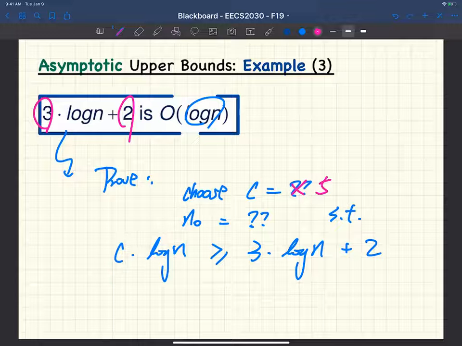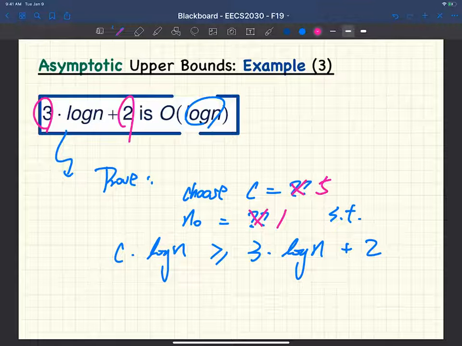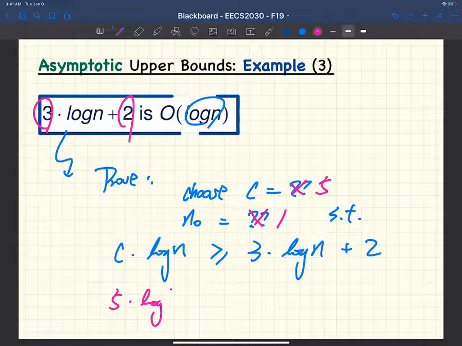Now, the question is, can N0 be 1? That's the question. For those of you who realize it's no, let's see why, and then we'll see what we should choose. Let's try. Be careful. So C is 5 multiplied by log 1. We'll talk about N0 being 1.